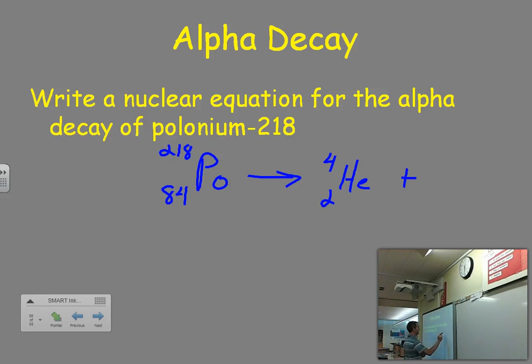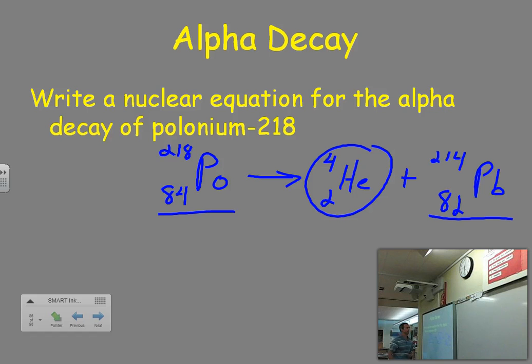So 218 minus 4 would be 214, 84 minus 2 would be 82, and notice 82, I have a new element because that is determined by the number of protons: lead, or Pb. So remember, when we labeled these, this would be my parent isotope, this would be my daughter isotope, and then that is the radiation that is released in that decay.